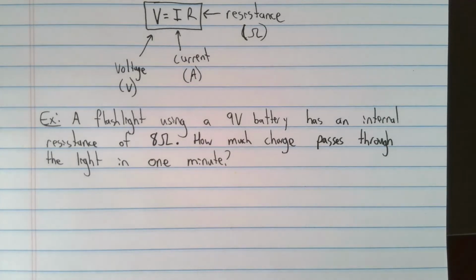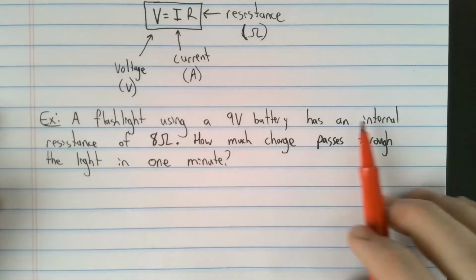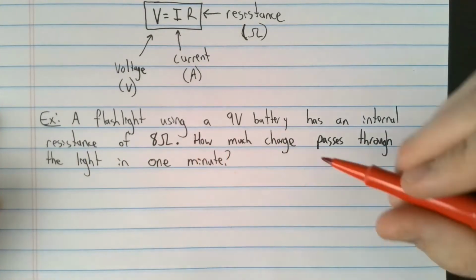So we'll break it down. I think you should always start with defining the problem. What are we trying to calculate? Obviously, they have it right here. How much charge?